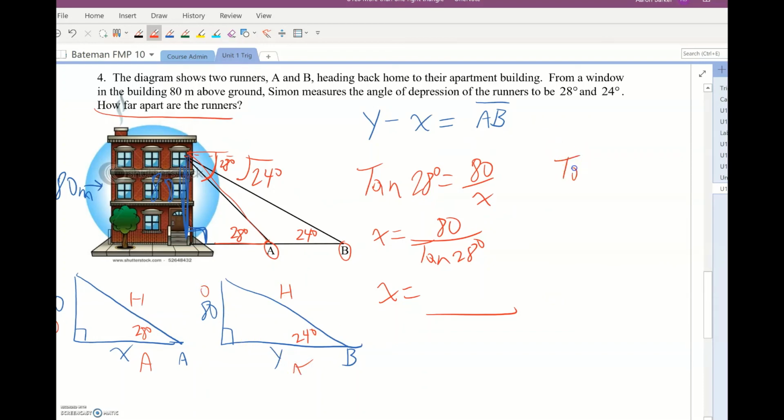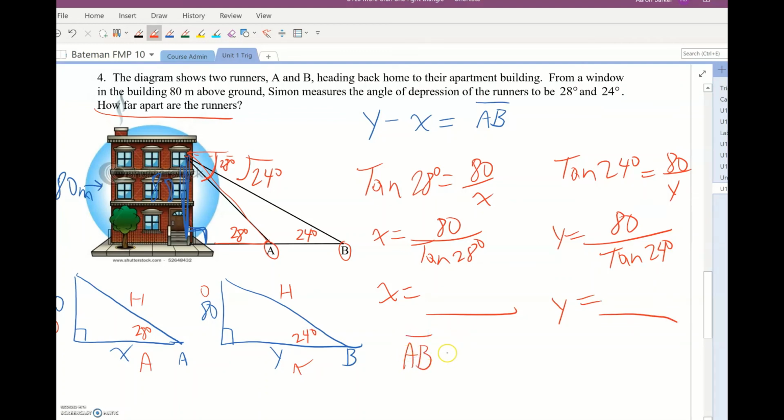So you would say 10, 24 degrees equals opposite 80 over Y. So again, I'm going to skip a step, and 10, 24 degrees, and figure out what Y equals. And then to figure out the distance from AB, I'll simply go the entire distance minus the first part, and that'll equal the second part. So you can do that on your own time.